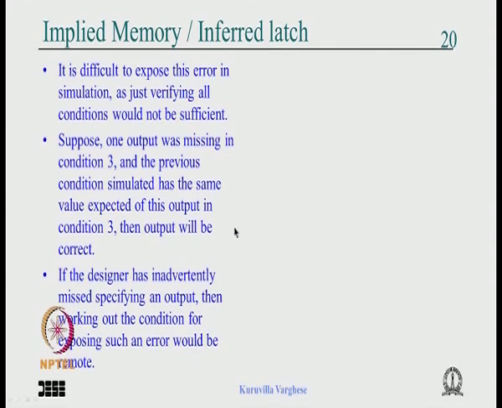So this should be kept in mind. If the designer has made a mistake, he or she will not be aware of it, and there is no question of working out a condition that you are not aware of, and this can waste a lot of time.